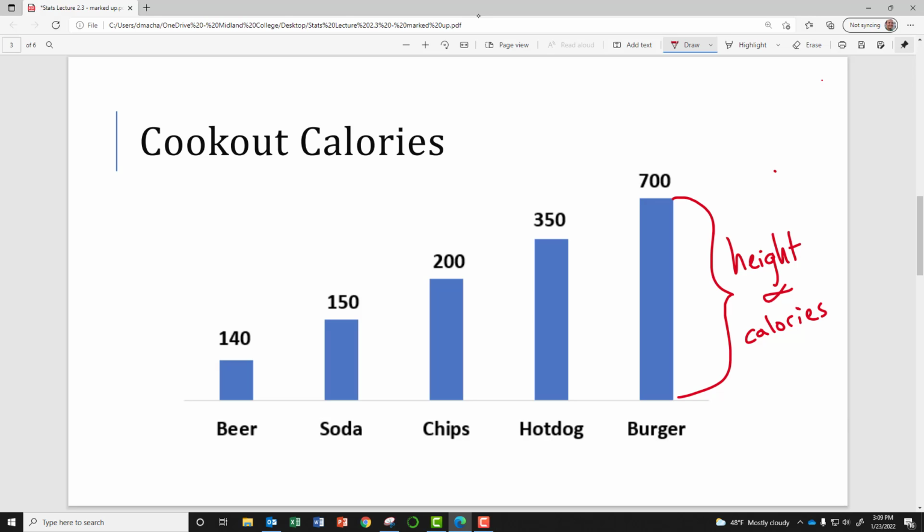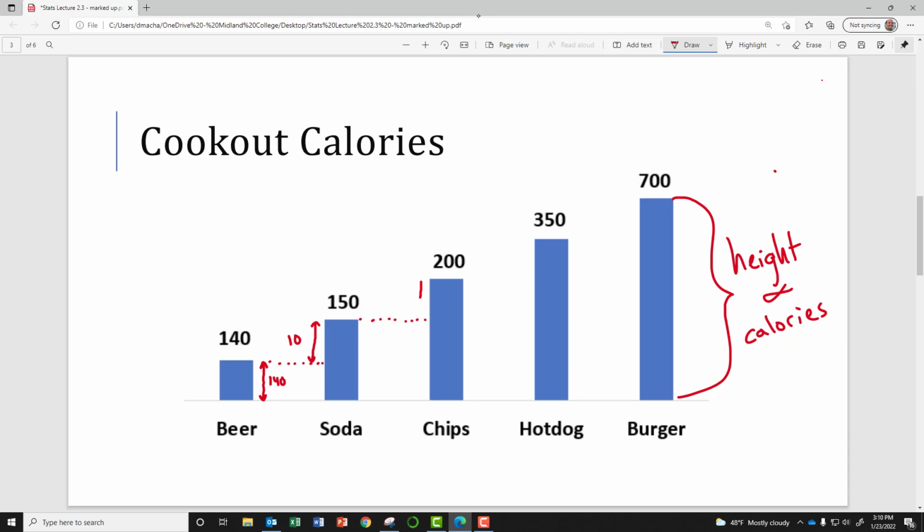But the issue with this graph, the big glaring issue is this: here, this little amount of height represents 140 calories. And what looks like pretty much the same additional height when we look at the soda bar is actually only 10 calories, because that represents the difference between 140 and 150.